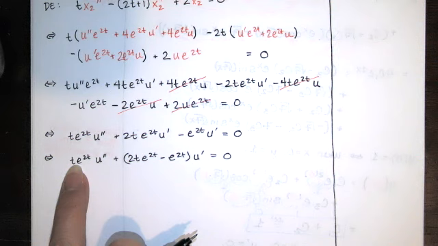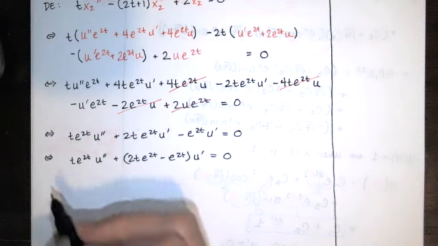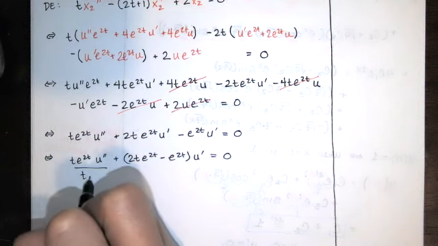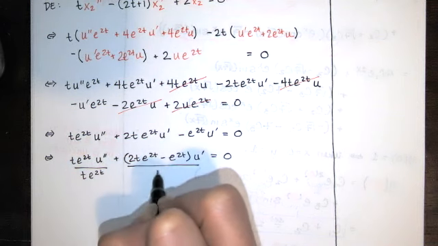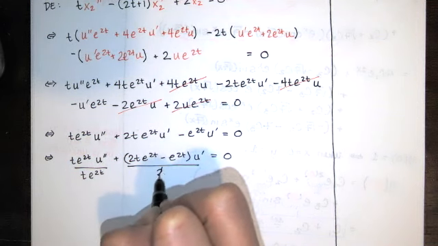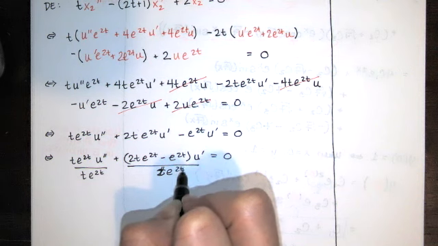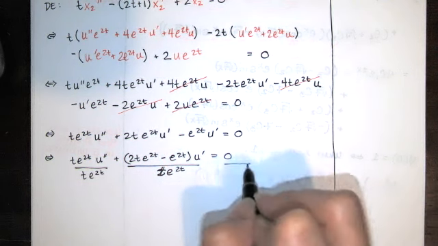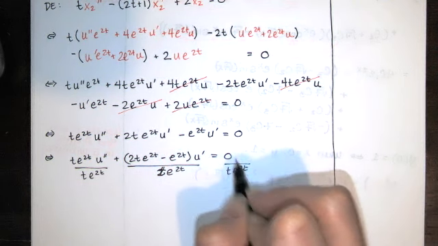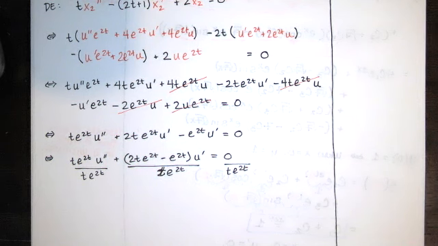And then maybe divide everything by this coefficient, t times e to the 2t. And of course, dividing 0 by something just leaves you with a 0.